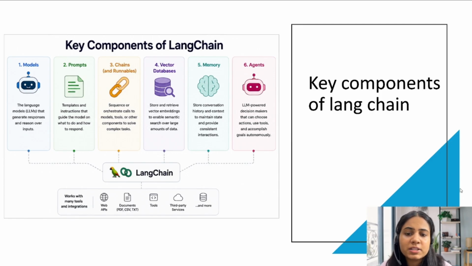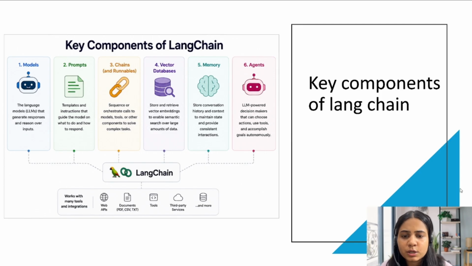Now the simple sequential chain will use the output of one function as the input for the next function. Just now we discussed, right? We give an input, and when we get output from the first step, that will be the input for the next step.